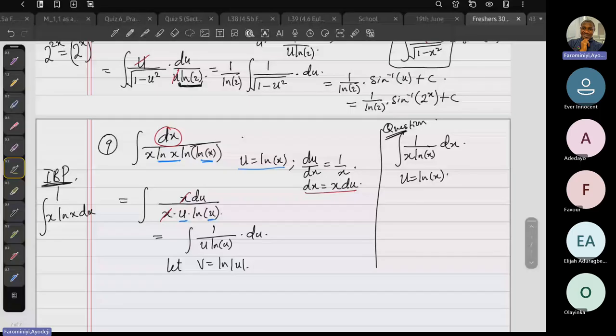Then dv/du is equal to 1 over u, which means that du is equal to u dv. Is it clear?